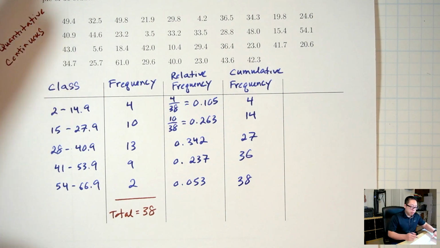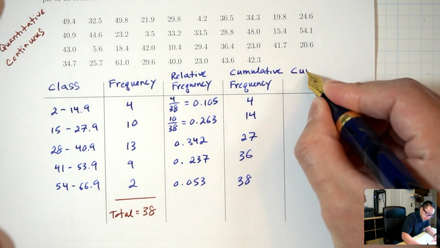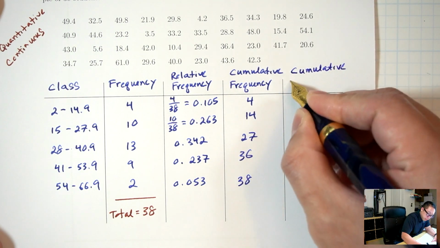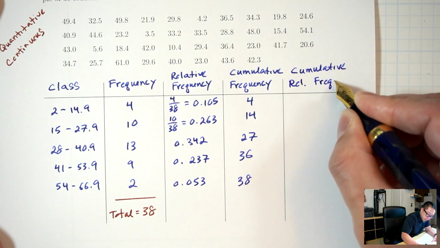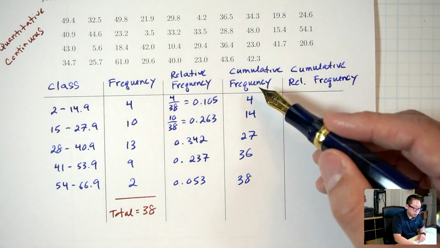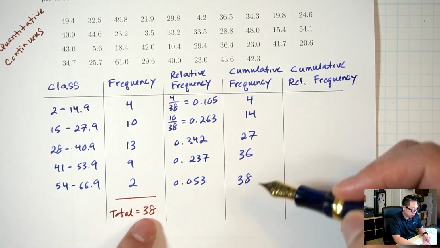And then finally, we talk about cumulative relative frequency. This is just taking all of these cumulative frequencies and dividing by the total number of people, which is 38.